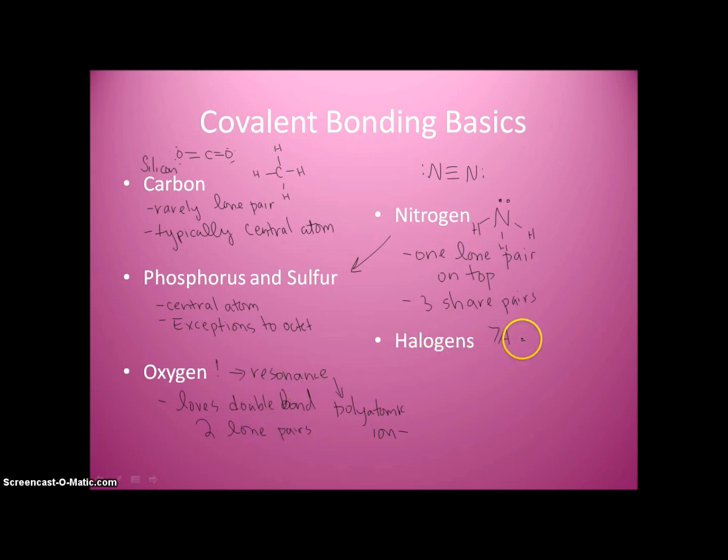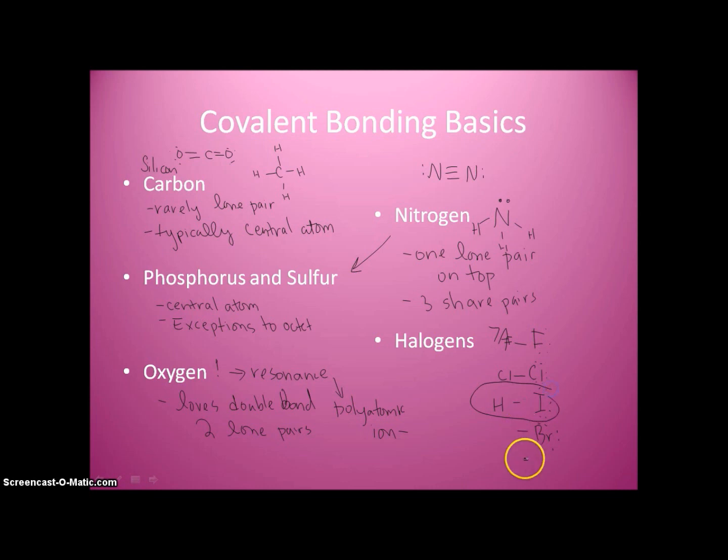And then our halogens. So this is like fluorine, chlorine, iodine, bromine. Okay, all of these are going to be single bonded. You're going to have 1 single bond and 3 lone pairs. Okay. When they're bonded by themselves to each other, that's how they're going to bond. If they're bonded to hydrogen, that's how they're going to bond.